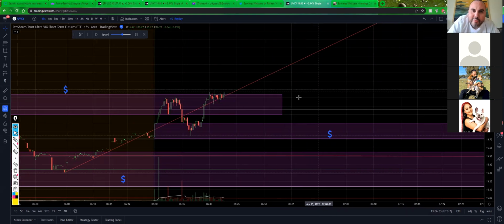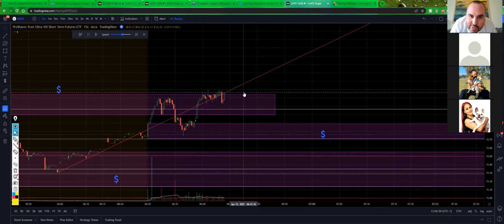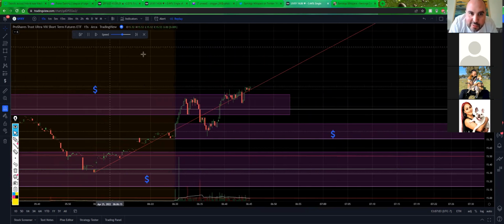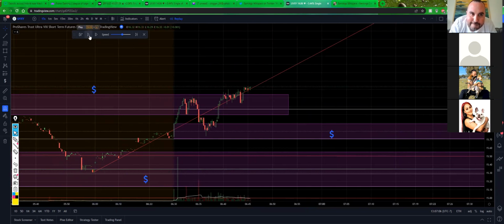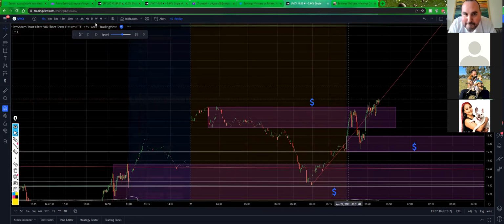And so after it gets out of that zone, is that where you're looking to take profits? I'm looking to take profits pretty much at the next demand zone, which I would have to go back further in the time frame.